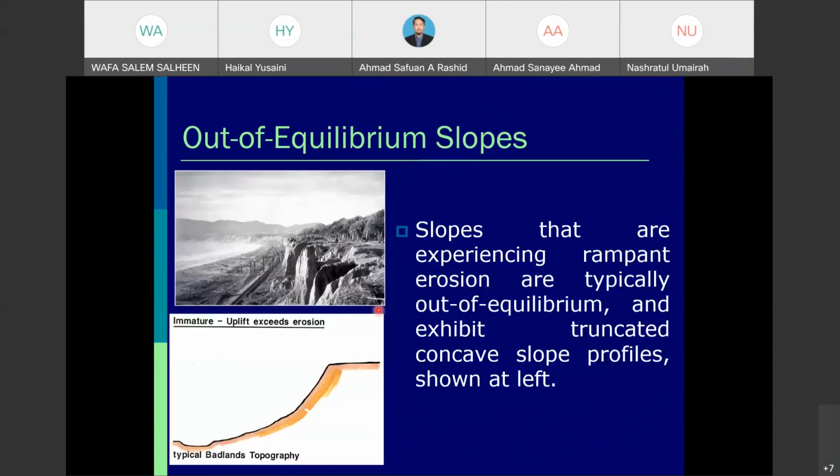So for an out of equilibrium slope, for example, slopes that experience rampant erosion are typically out of equilibrium and exhibit a truncated concave slope profile shown at left. In this case, it is exposed to wind and wave, so it has a high potential to be eroded.